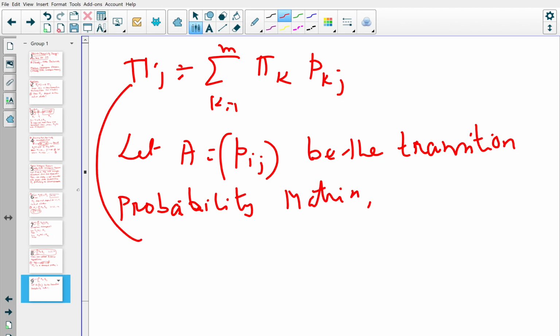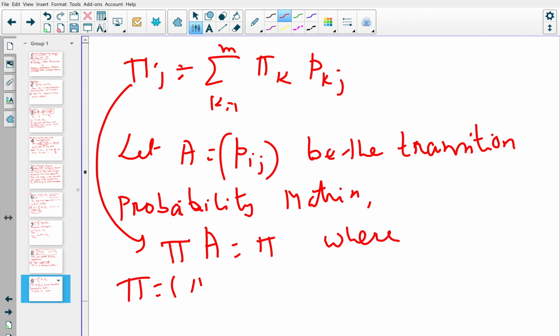Then this equation means pi times A equal to pi, where pi is the row vector pi 1, pi 2, up to pi m, clear?